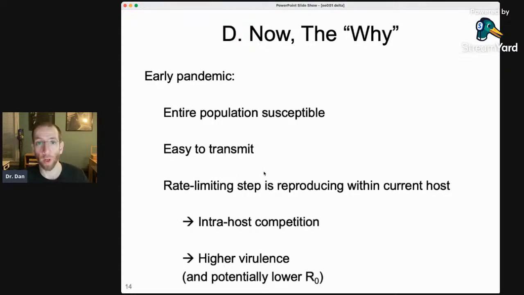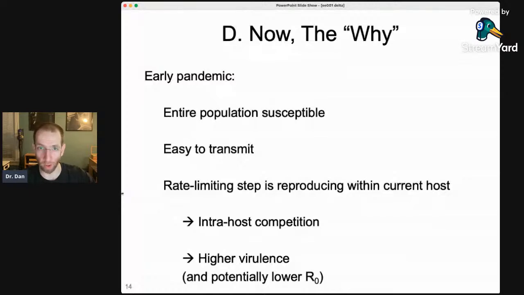This means that we are imposing intra-host competition on these viruses, and it's intra-host selection that is going to predominate, that is going to drive the evolution of these viruses, which means we would expect them to be selected for greater infectivity, which means probably higher virulence, and potentially lower R naught.